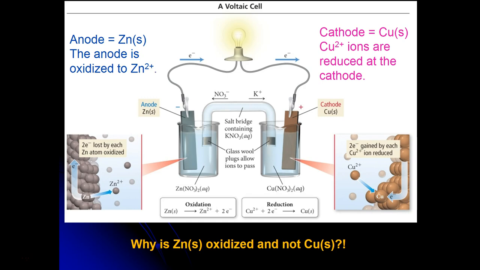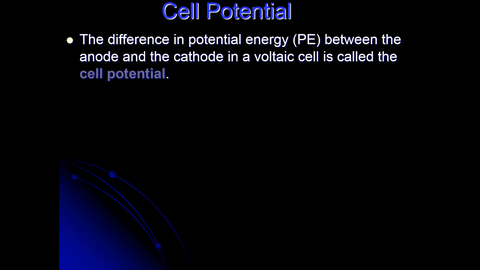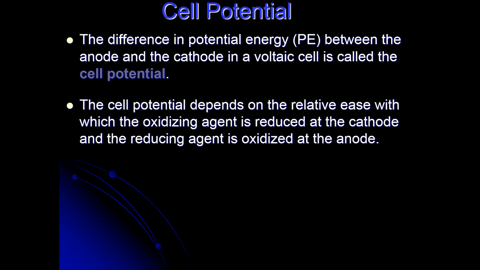Now, why is zinc being oxidized and not copper? I mean, is it arbitrary or something? It is absolutely not arbitrary. Here's where we talk about an important concept called cell potential. The difference in potential energy between the anode and the cathode in a voltaic cell is called cell potential.